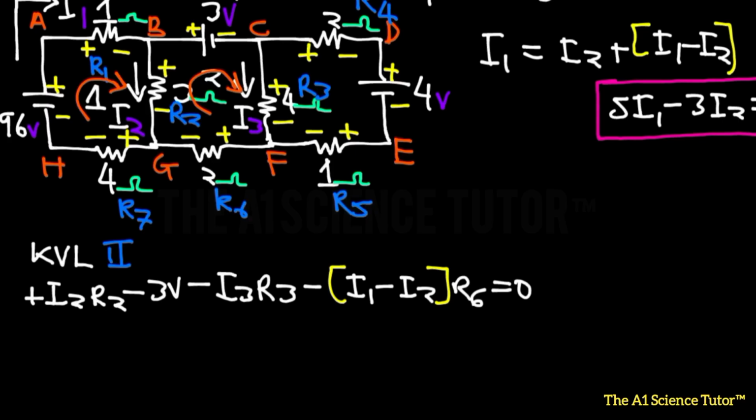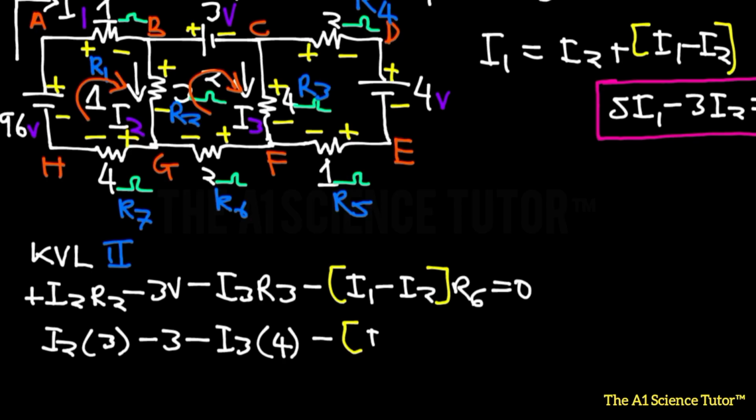Now what is R2? R2 is 3 ohms. That is the second resistor. So this is I2 multiplied by 3, minus 3. And here we're going to have minus I3 multiplied by R3. R3 in this case is 4. Next up we got this, that is I1 minus I2. Now R6, that is 2.